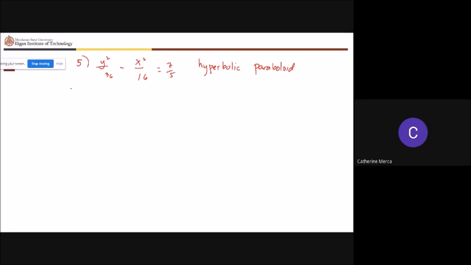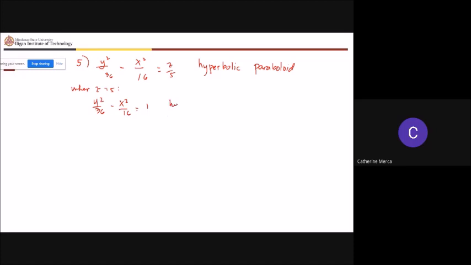So, when z is equal to 5, these are the traces. You will have y squared over 36 minus x squared over 16 equals 1, so you get a hyperbola in the xy plane.